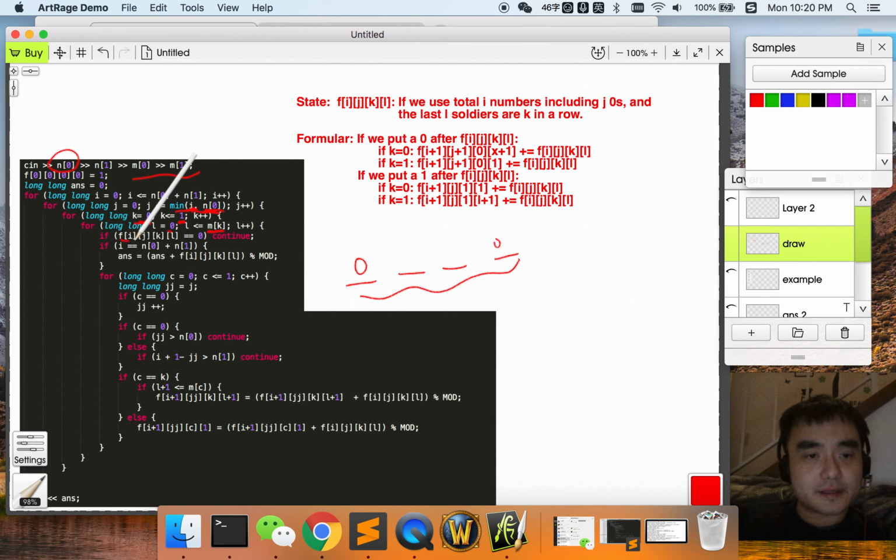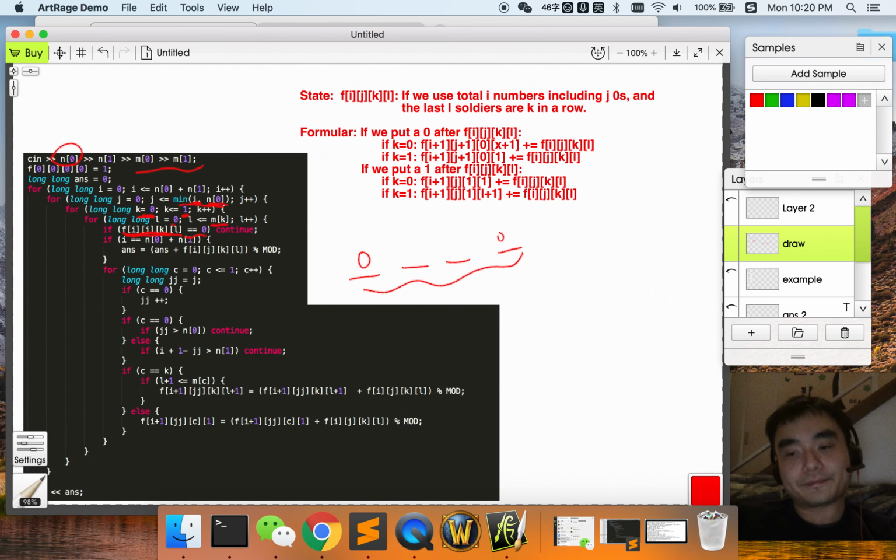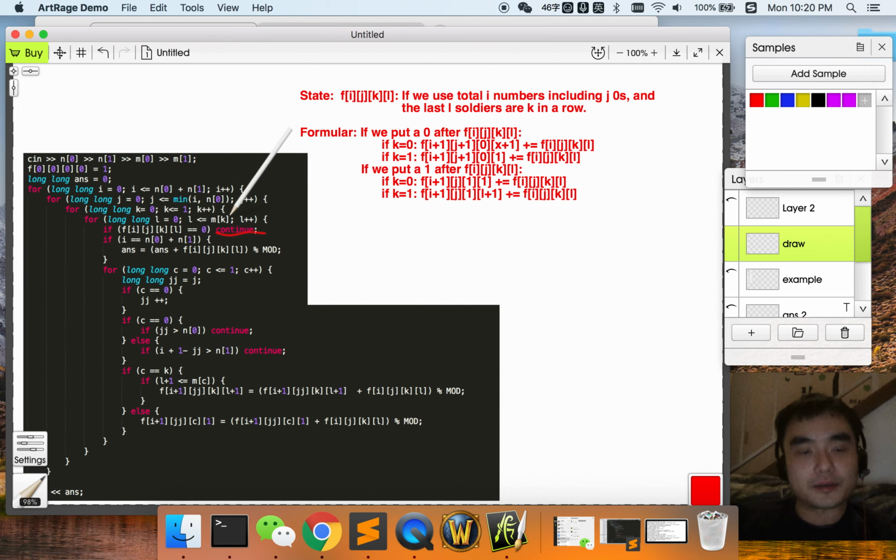And if this value equals 0, it means it is not possible to achieve this state. So no array is valid. No, this kind of array is valid, right? So in this case, we continue, right? And if I equals the total number of n's, we need to update the answer, right?